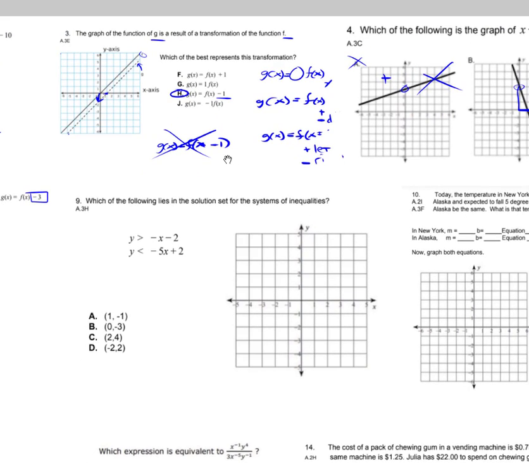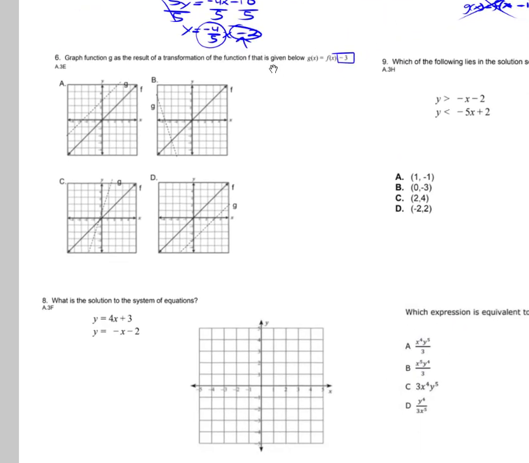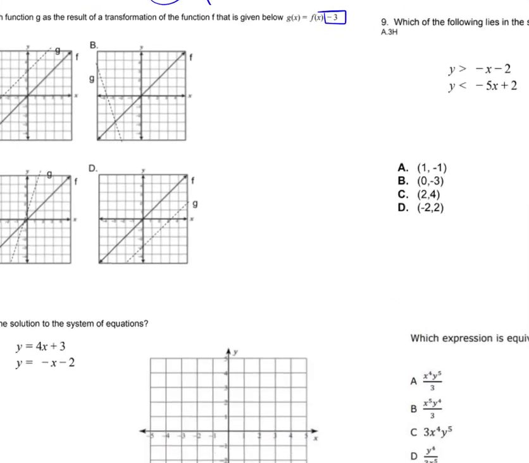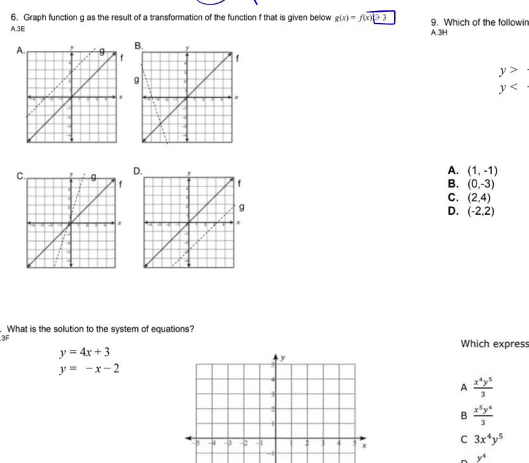Well, as I said up there, if you have something just tacked onto the end like that, then that's called a vertical transformation. If what you have is f of x and you have either plus or minus something, then you are changing it vertically. You're moving the line up or down. So in this case, that minus 3 is going to mean that it goes down 3.